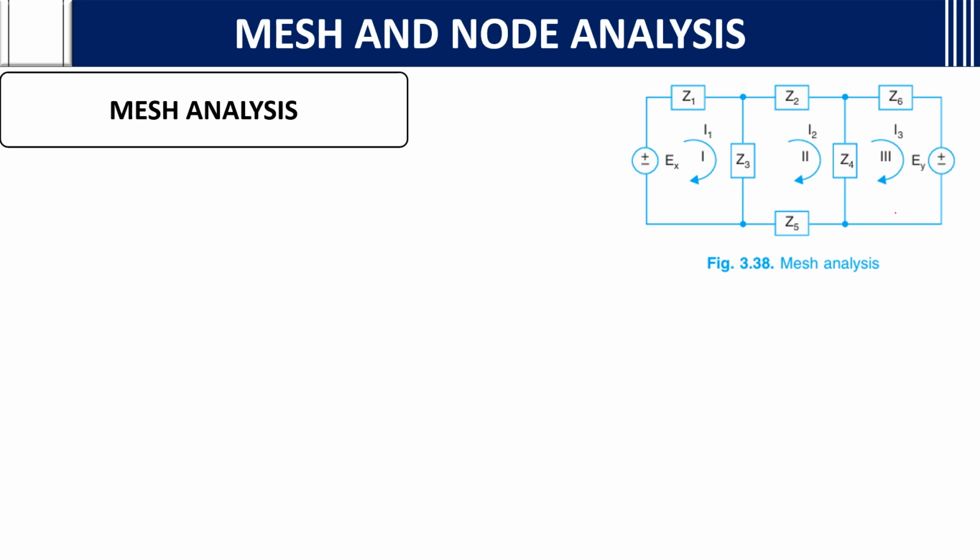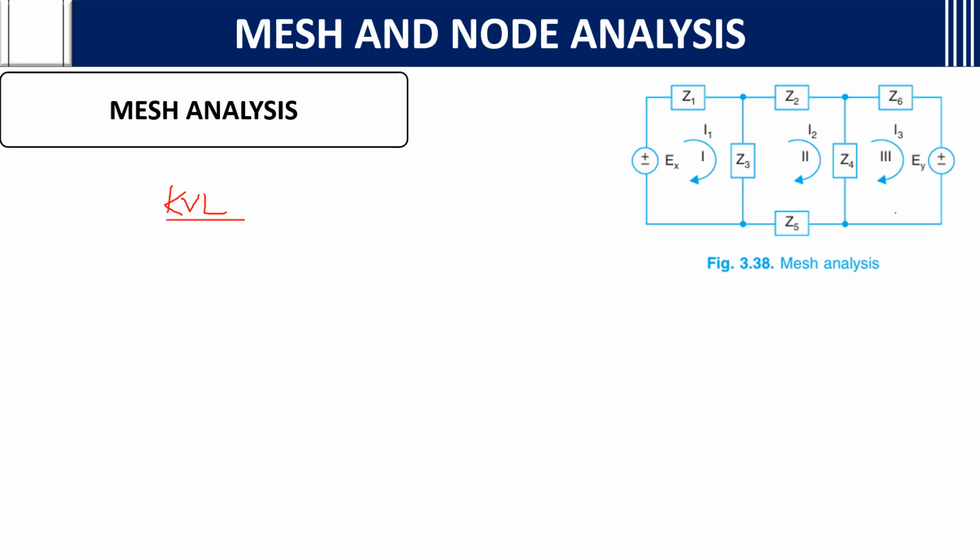Here we can write the mesh analysis using KVL. We have already seen what KVL is. KVL says the algebraic sum of all the voltage drops across all the components will be equal to 0. How to write it?